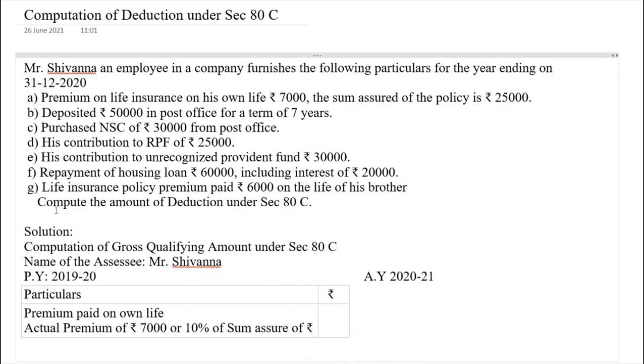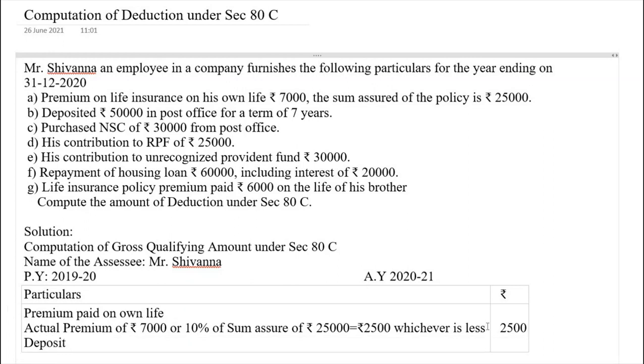In this problem, sum assured is given as rupees 25,000, which equals rupees 2,500, whichever is less, so that comes to rupees 2,500. Then the next one, deposit in post office for a term of 7 years, which is given as rupees 50,000.